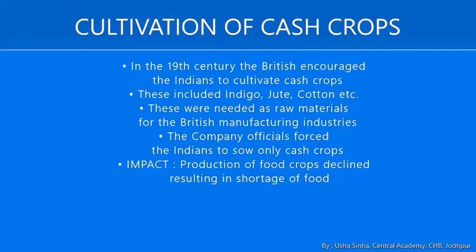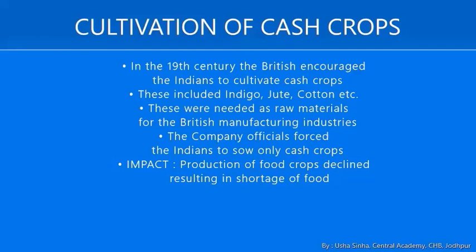In the 19th century, the British encouraged the Indians to cultivate cash crops. These included indigo, jute, oilseeds, sugarcane, tea, coffee, and cotton.